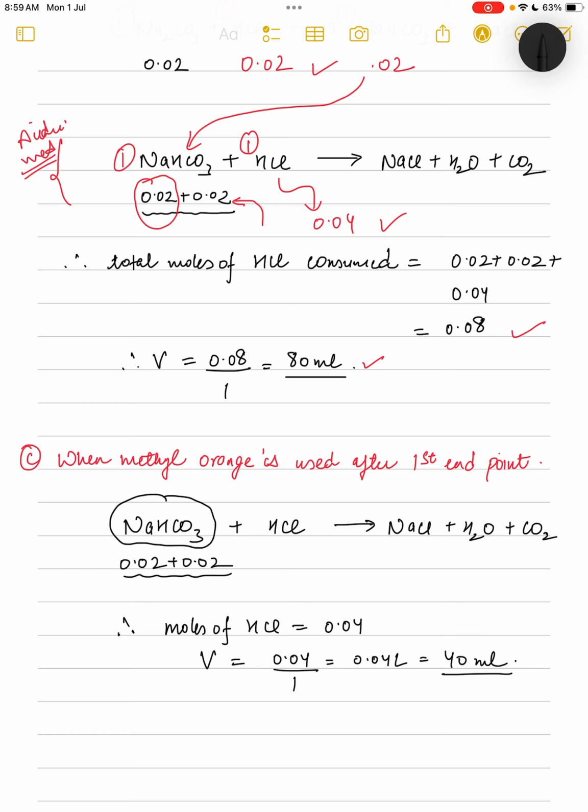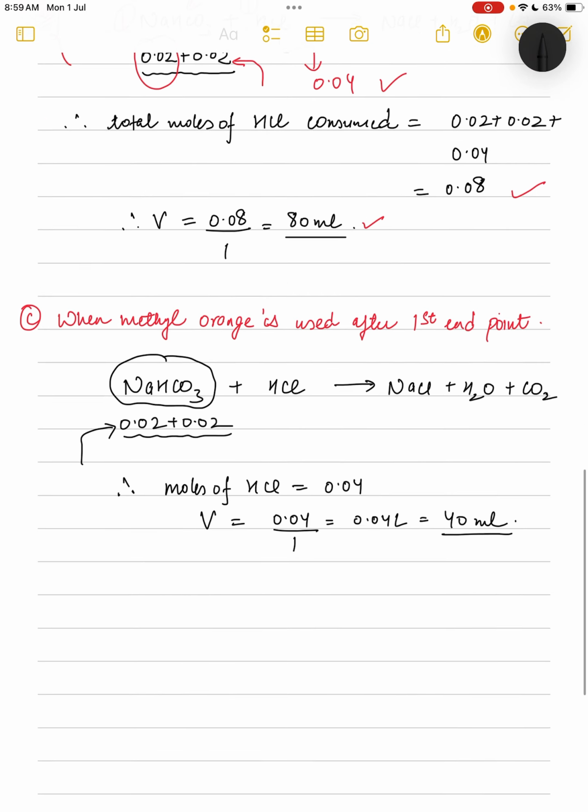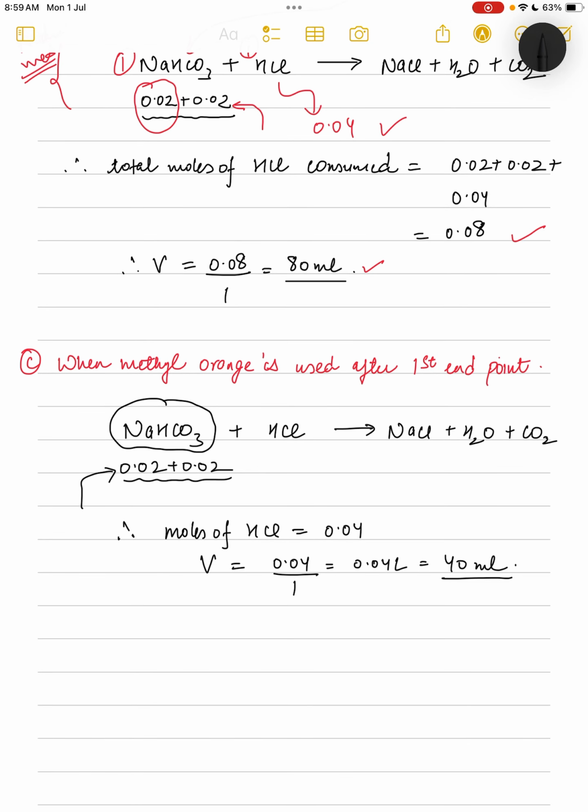NaHCO3 is obtained in two ways. One, which is already available in the solution, that is 0.02 moles, and second, which is formed during the achievement of the first endpoint. The amount of NaHCO3 formed is 0.02. So total NaHCO3 is 0.04.